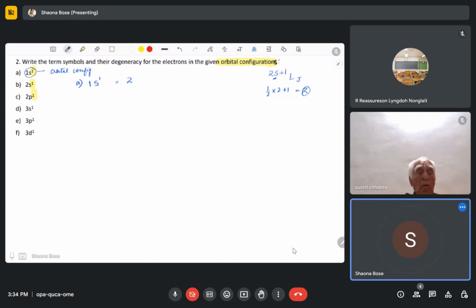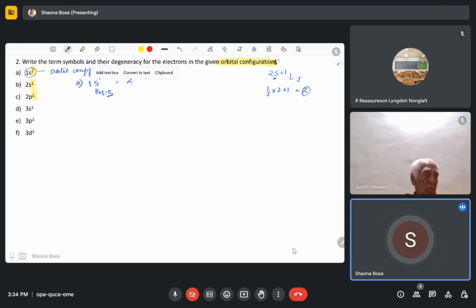Now L and J. For the first one, you can see the information for L is already given. S means L is equal to 0, right?